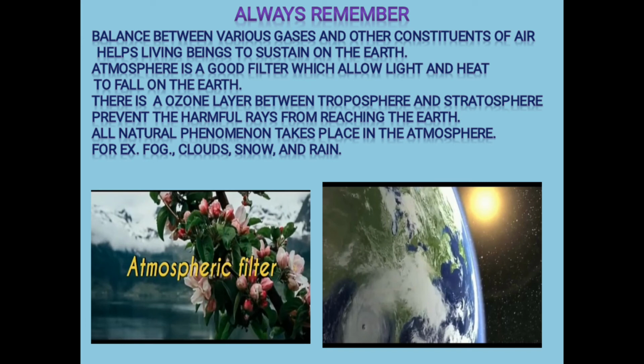Students, do you know that there is an ozone layer between the troposphere and stratosphere which prevents the harmful rays from reaching the earth? All the natural phenomena take place in the atmosphere. For example, fog, cloud, snow, storm, rain, etc.